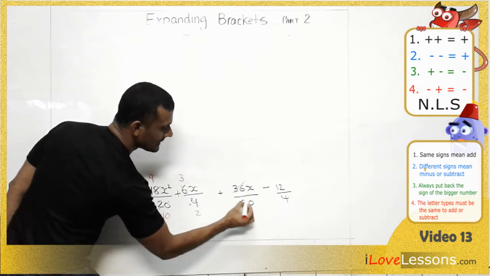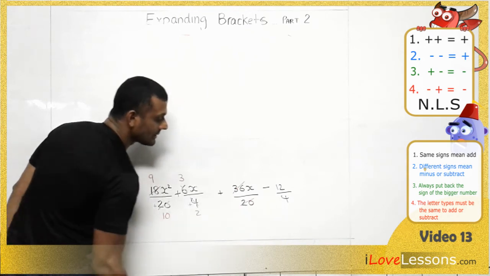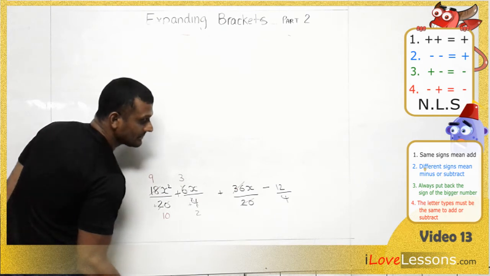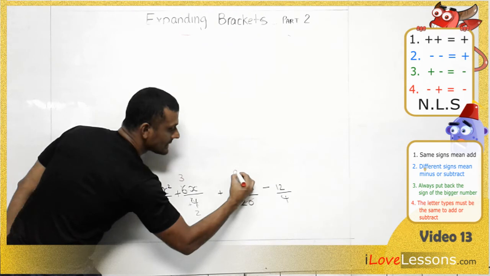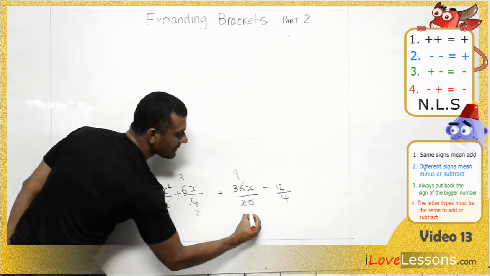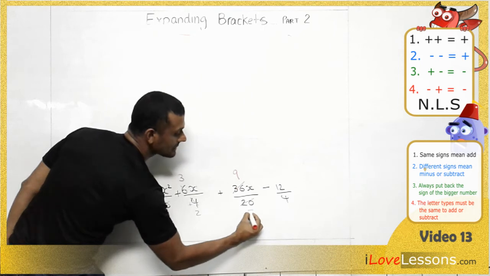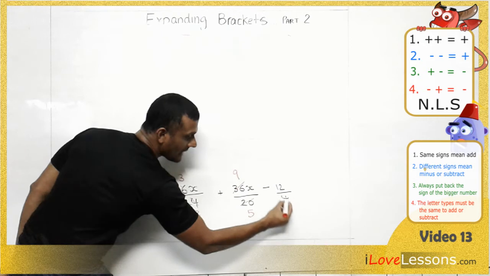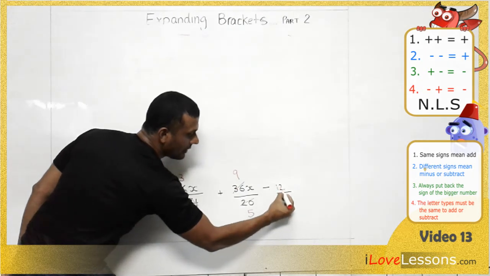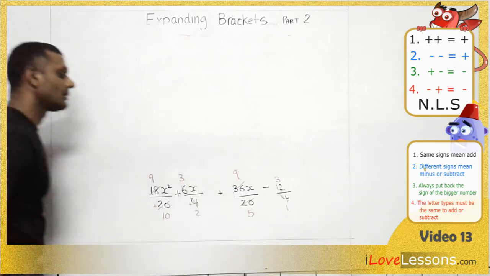Let's see here. What can go into 36 and 20? Well, I believe that would be 4. 9 4s are 36. So divide the top by 4, you will get 9. Divide the underneath by 4, you will also get 5. Divide both on top and underneath by 4. 4 into 12 is 3. 4 divided by 1 is 1.